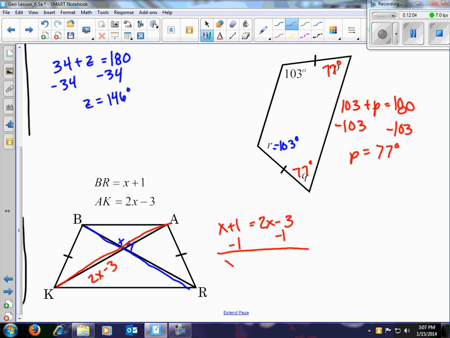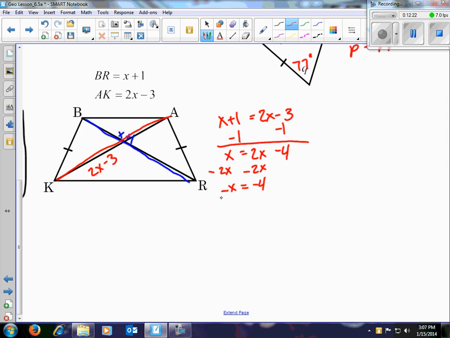So then I have x equals 2x minus 4. Then I minus 2x from both sides. So I have positive x minus 2x, which is going to make that negative x equals negative 4. Then I can divide by negative 1 on both sides. So I get x equals positive 4.